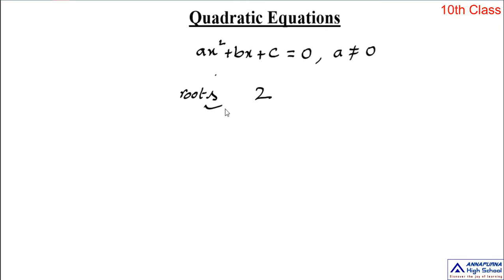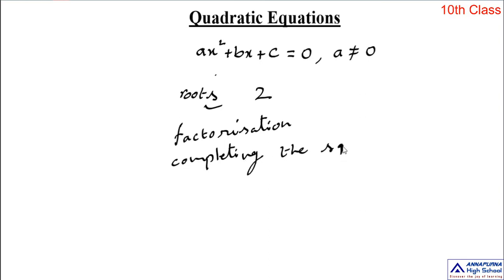One is the factorization method, and another one is the completing the square method. These are the two most important methods to find the solutions of a quadratic equation.